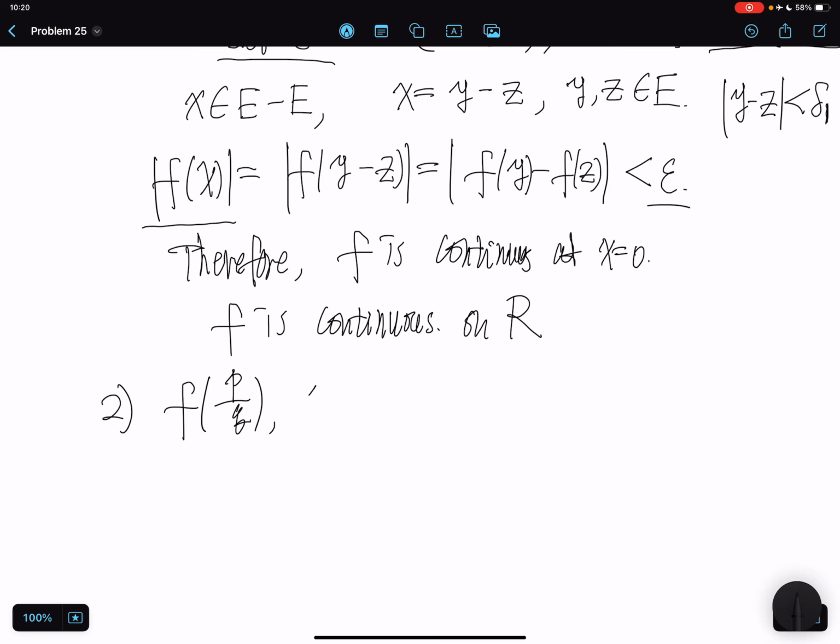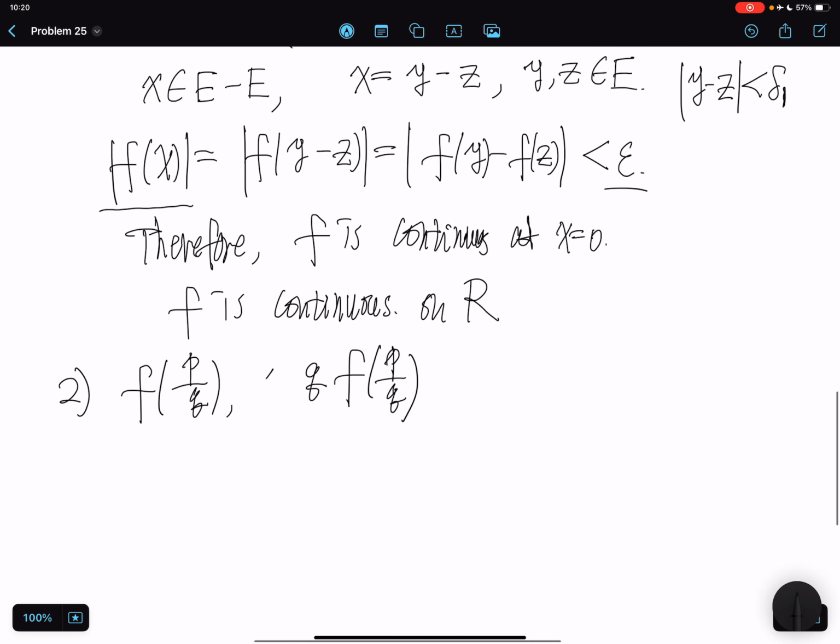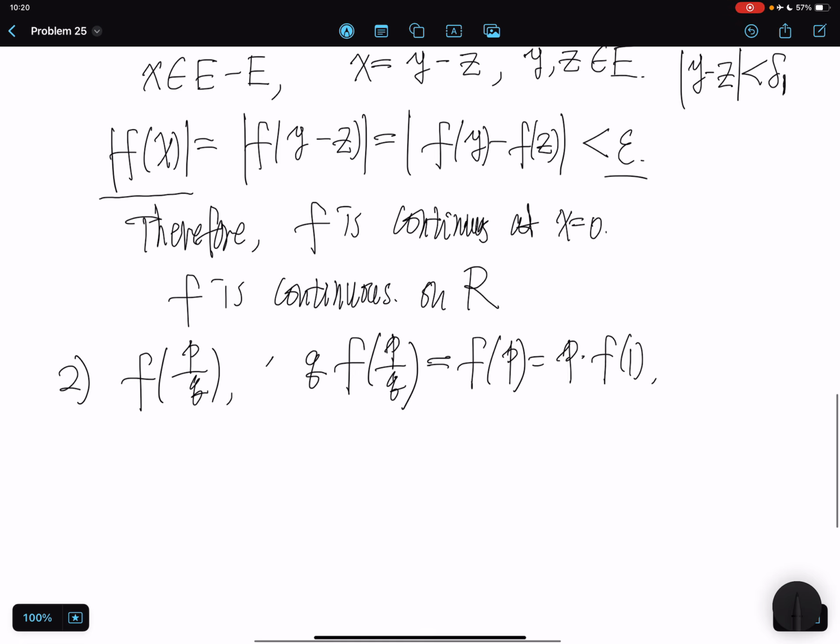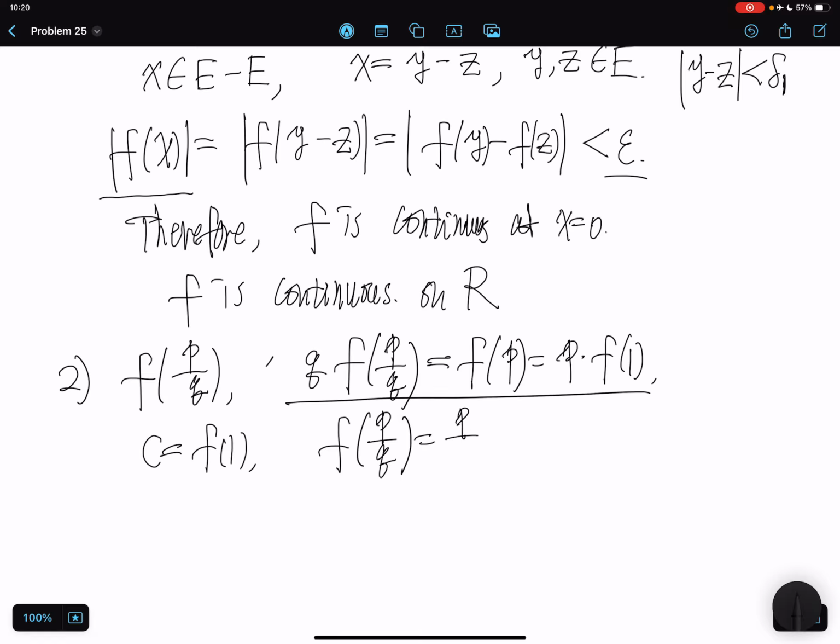If you think about q times f of p over q, from the equation it is easy to see this is f of p, which is p times f of 1, right? So if we define c as f of 1, we see f of p over q is p over q times f of 1, which is c times p over q, for any p and q in Z, of course q not equal to 0.